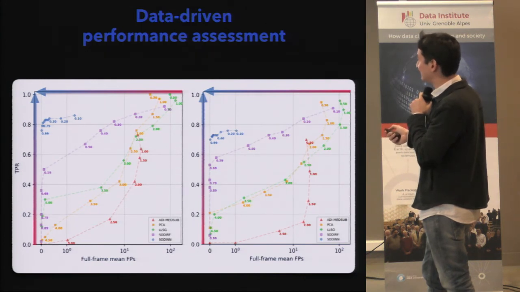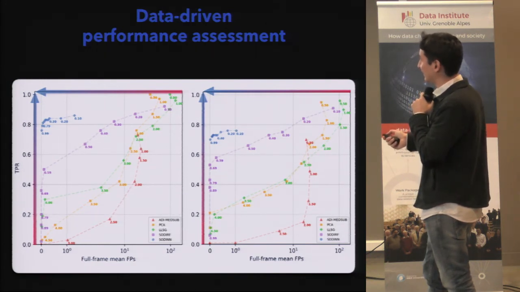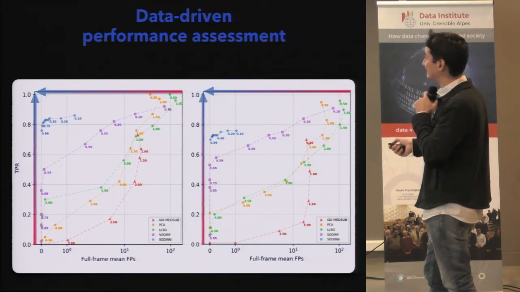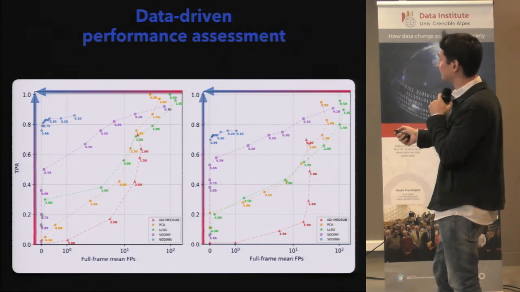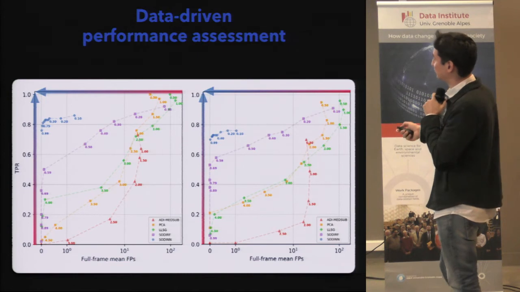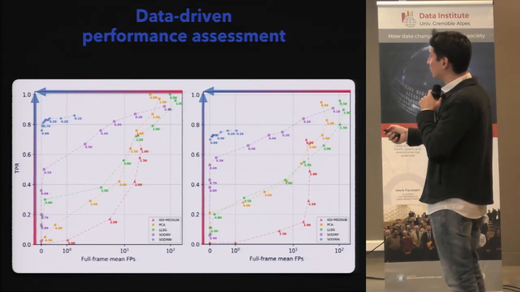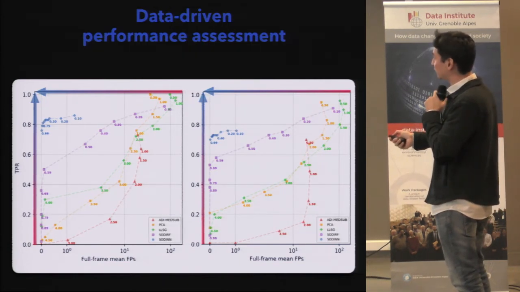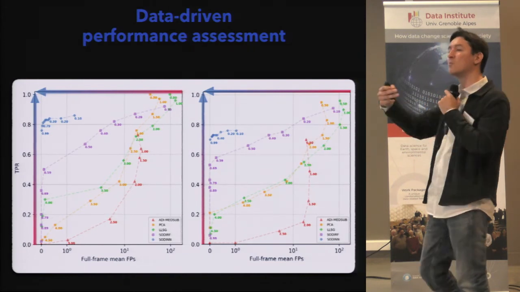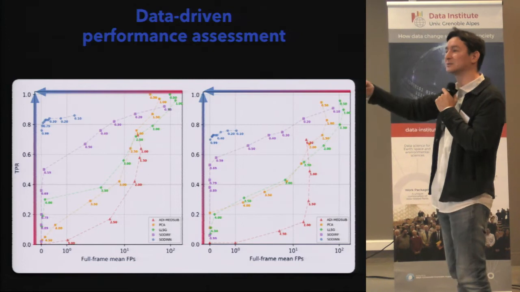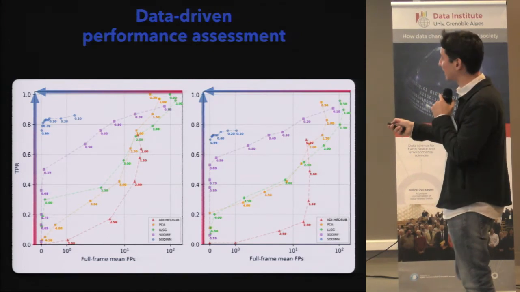And this is the neural network, and it totally lies in a different region of this parameter space. So it can really improve the sensitivity, the true positive rate, how many injected companions we were able to recover.